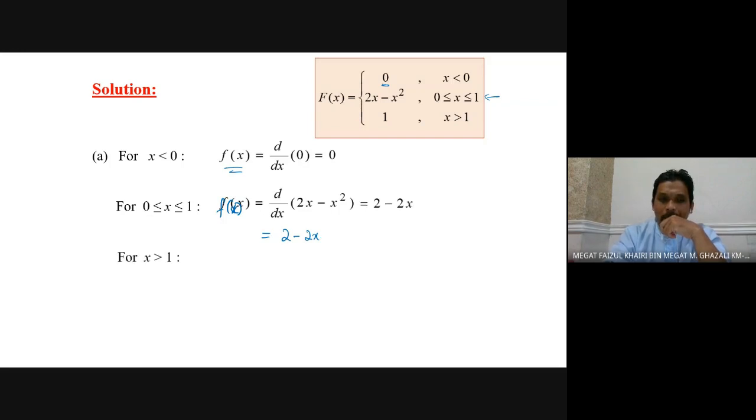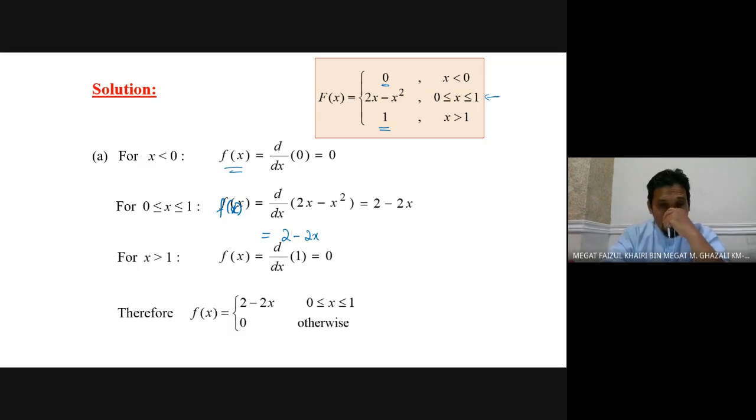Okay, and then for x greater than 1, which is equal to 1 here, differentiate equal to 0. Therefore, the f(x) is that. Too easy. Okay, unless you are having problem with differentiation, then you might be in trouble. Kalau kamu tak ada masalah dengan differentiation ataupun integration, solution untuk menjawab soalan bab 8 cukup senang.